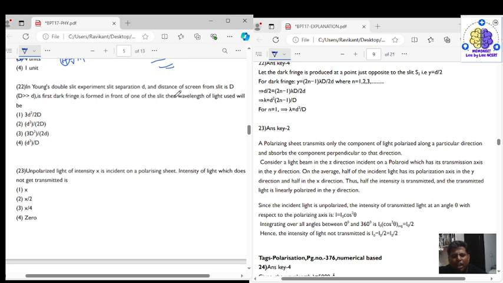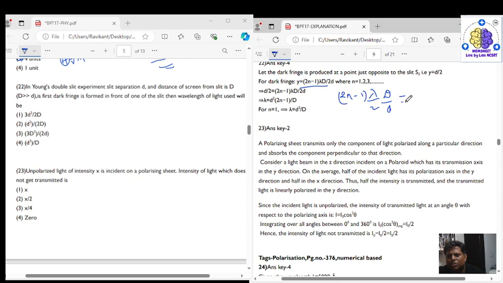So if the first dark fringe is formed at the first slit, it means that the position of the first dark fringe is equal to d by 2, and the position of the dark fringe is given by the formula y is equal to (2n minus 1) into lambda by 2 into capital D by d.